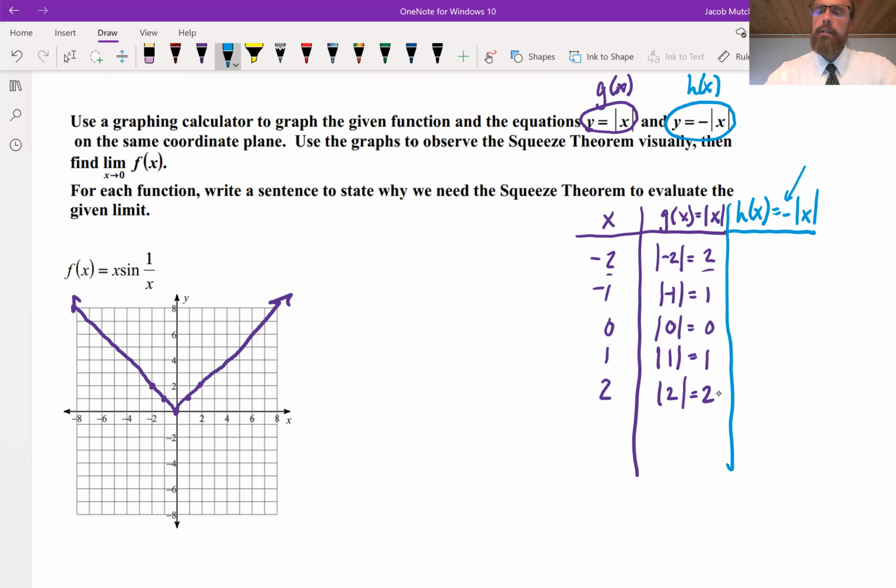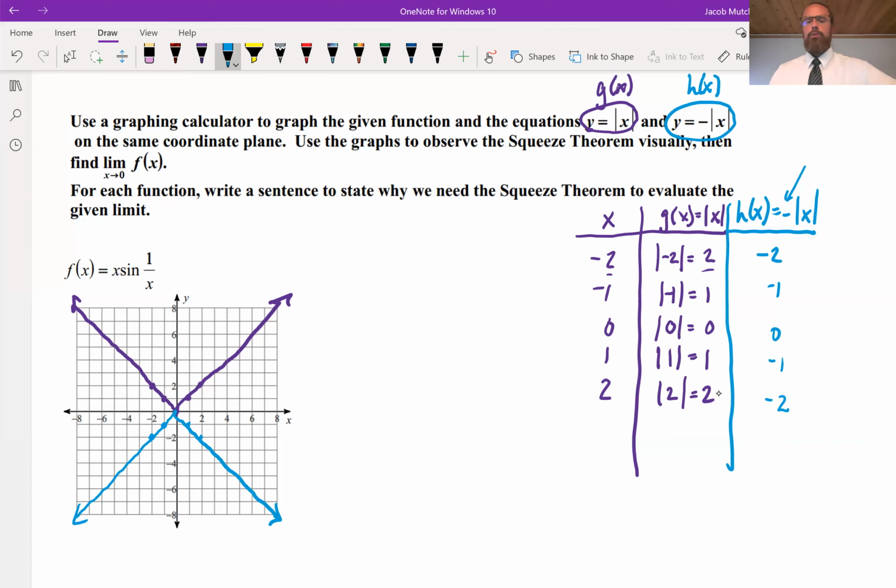So basically this is -2, -1, 0, -1, -2. I can graph those. So I've got -1, -1, -2, -2. I do have 0, 0. And then 1, -1, 2, -2. And that is h of x. So a little careful so I don't have to do it twice.